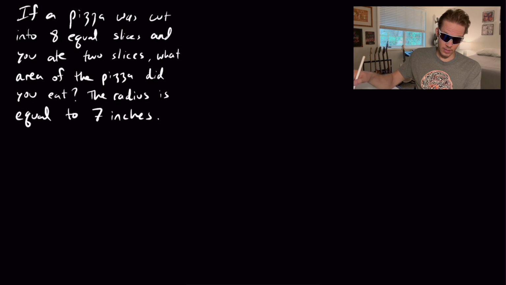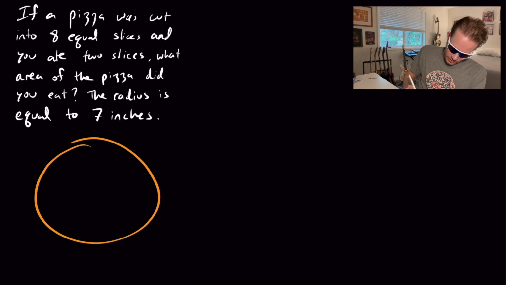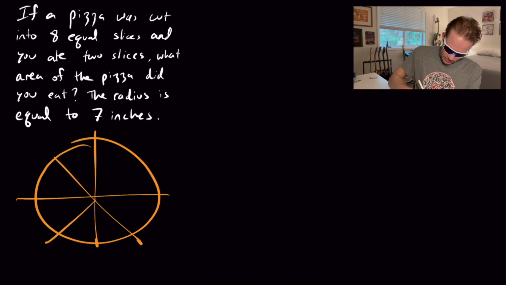All right, last question. If a pizza was cut into 8 equal slices and you ate 2 of them, what area of the entire pizza did you eat? And then we're going to say the radius is equal to 7 inches. So, all right, here's the pizza. It's cut into 8 pieces, and then you ate 2 of them.